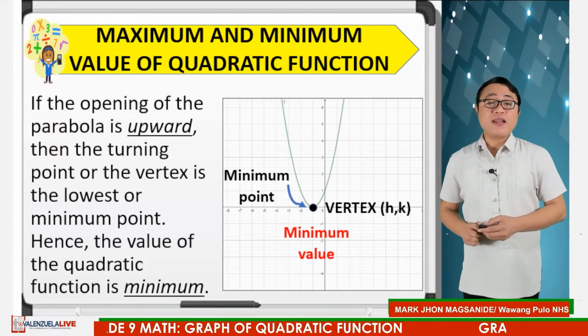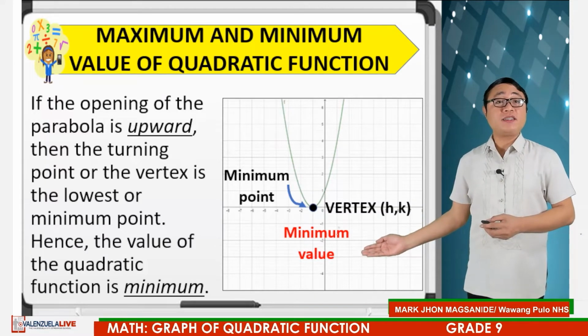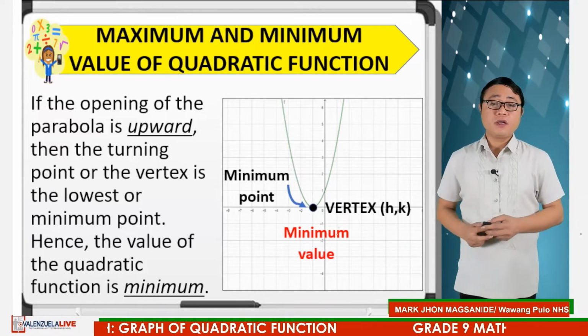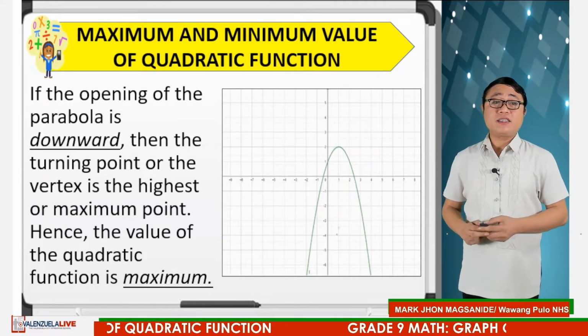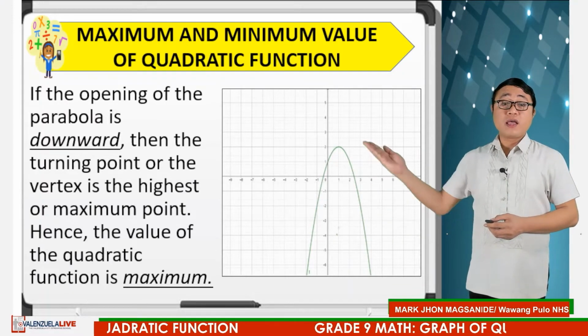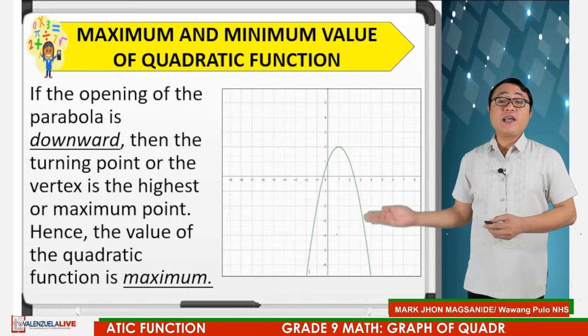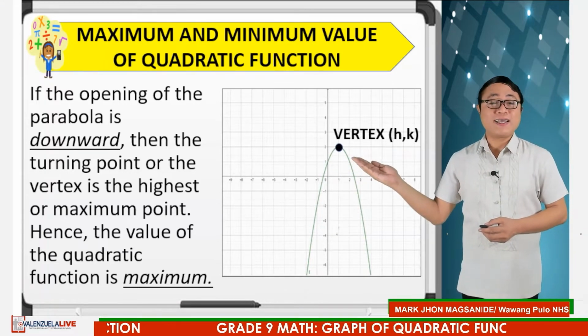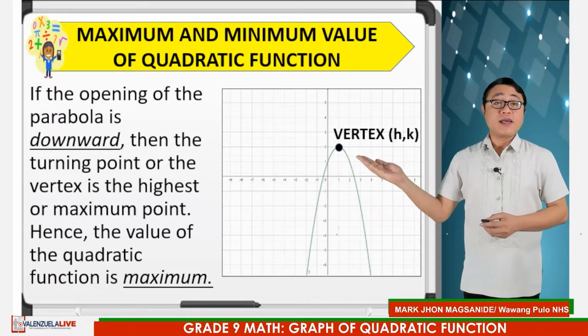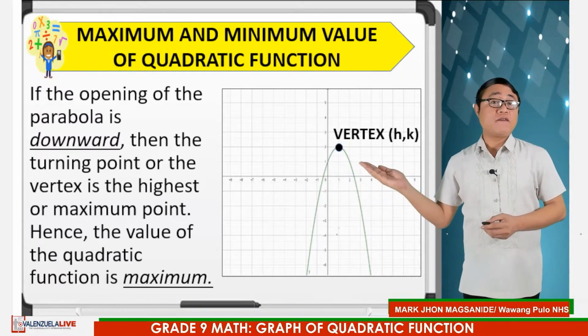Hence, the value of the quadratic function is minimum. And if the opening of the parabola is downward, here, the turning point or the vertex is what? The highest point.